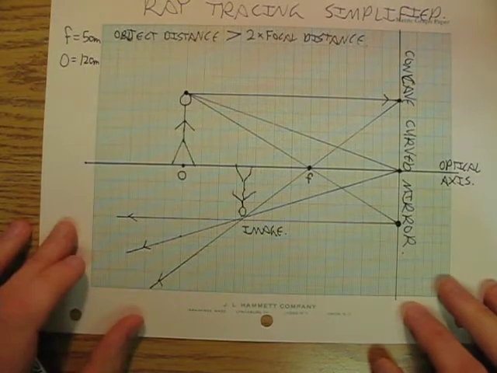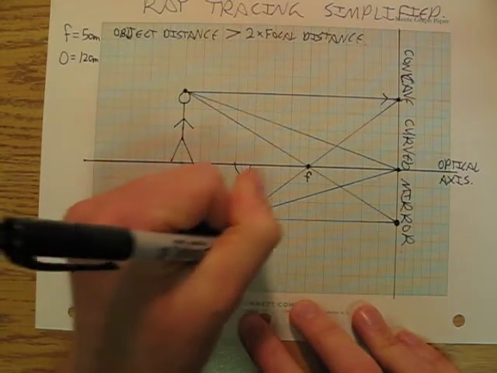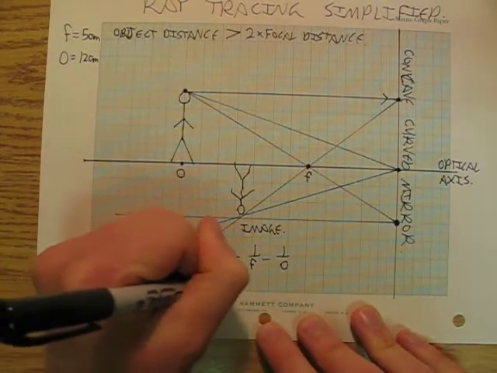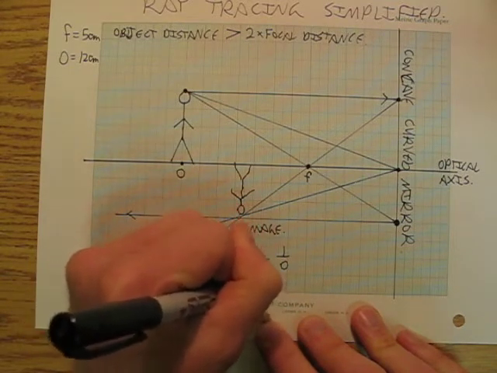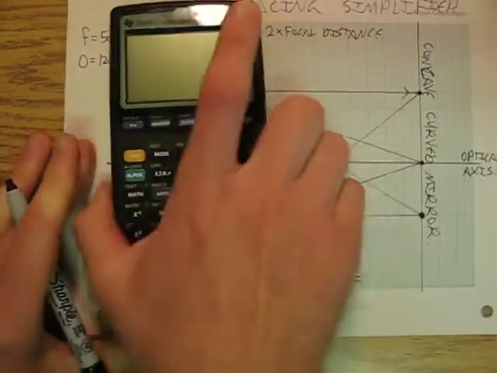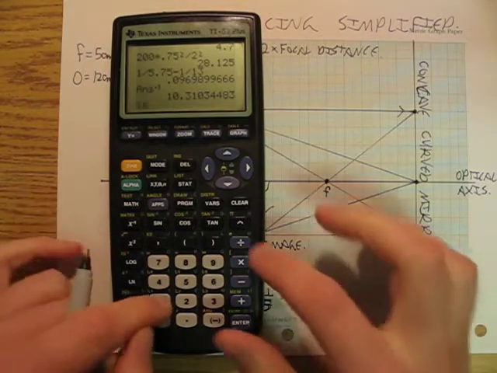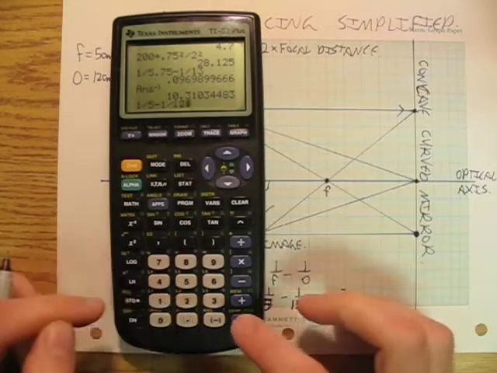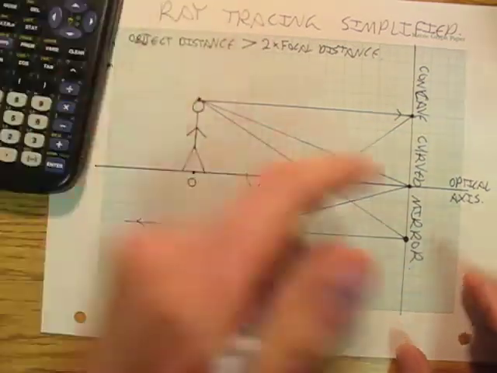Alright, and then I want to go through really quickly. I want to say 1 over I is equal to 1 over F minus 1 over O. So I'm going to say 1 over I is equal to 1 over 5 minus 1 over 12, and that's going to mean that I get 1 divided by 5 minus 1 divided by 12, and that's not I. I've got to take the inverse of that, 8.6.